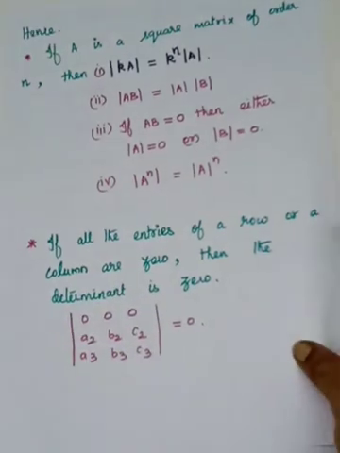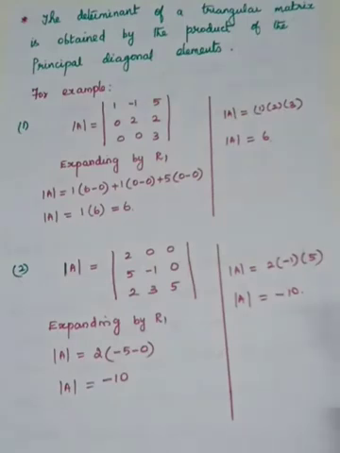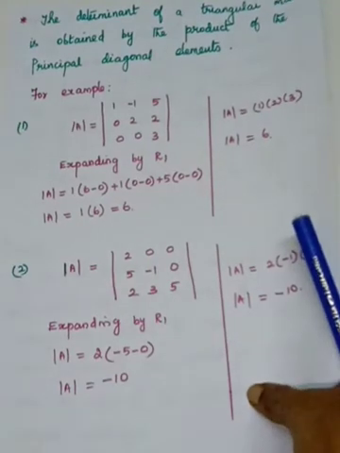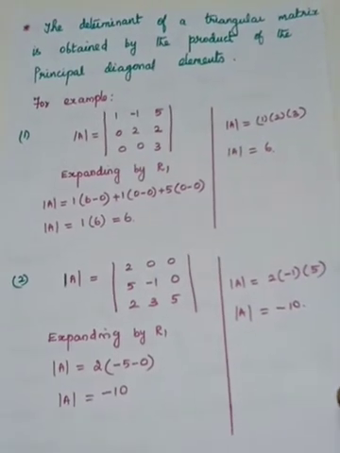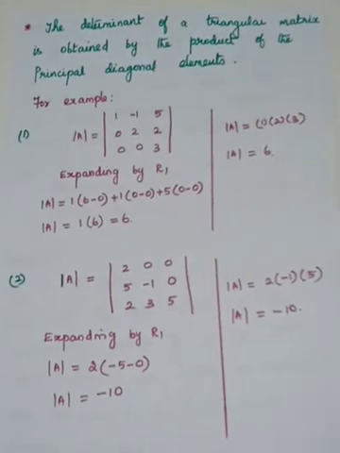Okay, and the next one, the determinant of a triangular matrix is obtained by the product of the principal diagonal elements. If you have a triangular matrix, it is either an upper triangular or a lower triangular matrix. For the triangular matrix, if you want to find the determinant value, you just multiply the principal diagonal elements.